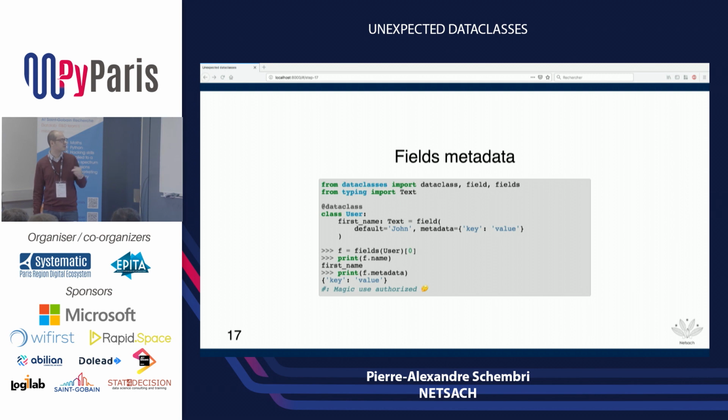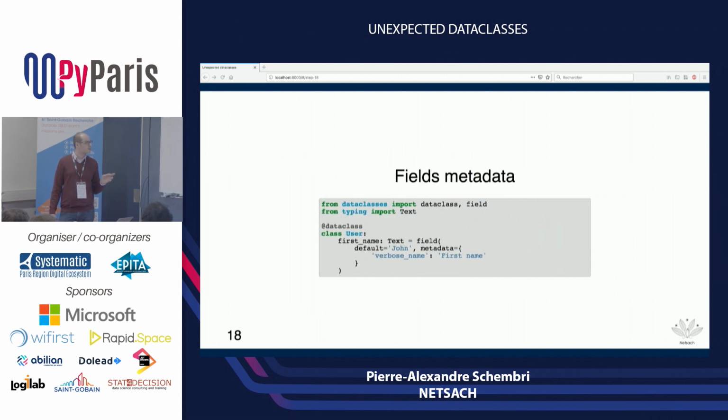So here you can say it's a dictionary. You can set any key value dictionary. So it basically encourages you to use this attribute to perform maybe some magic or something more common. For example, for the first name, you can add a verbose name.